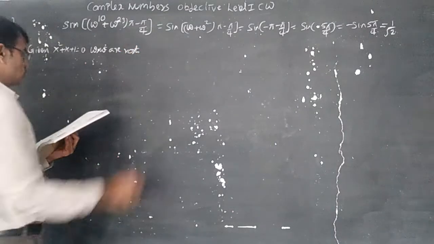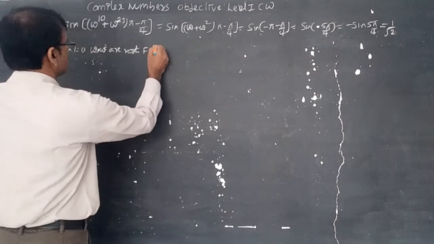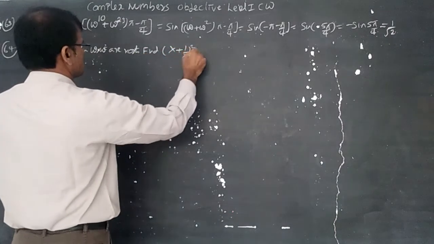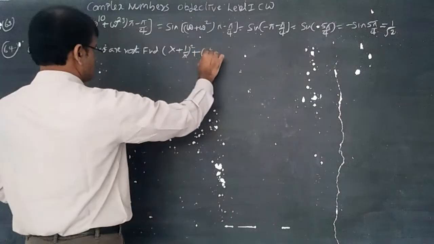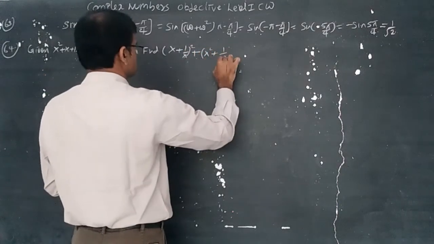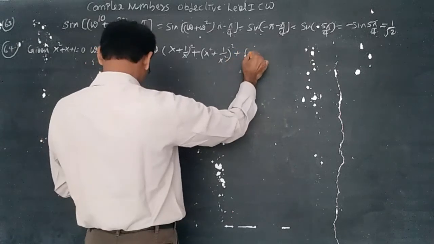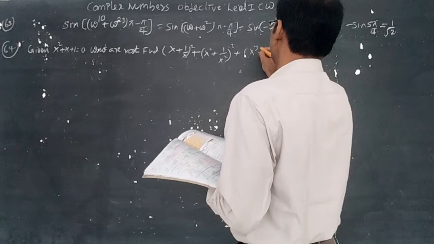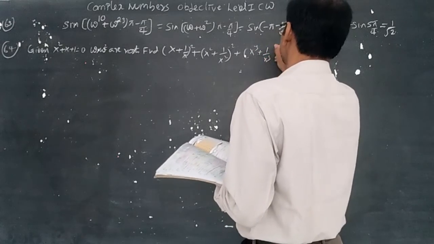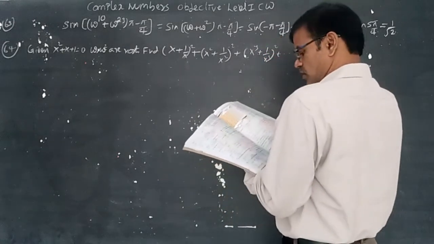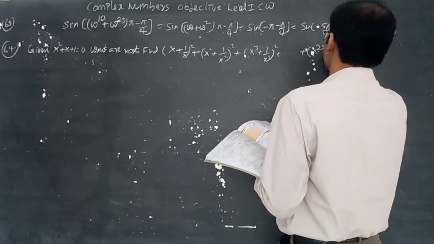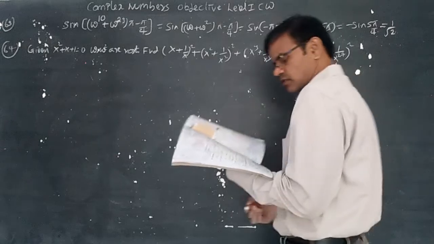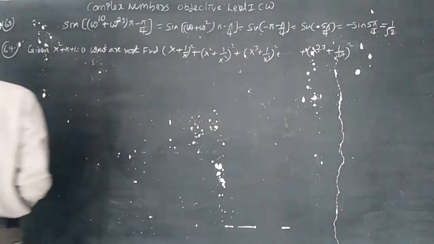Find (x plus 1 by x) whole square plus (x square plus 1 by x square) whole square plus (x cube plus 1 by x cube) whole square plus so on until (x power 27 plus 1 by x power 27) whole square. So until 27 terms given.